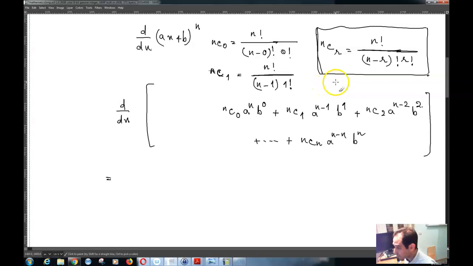But now the problem is that, for example, suppose that I want to calculate d by dx of this thing over here. So n factorial, if I want to calculate the derivative of n factorial, it would be d by dx of 1 times 2 times 3 all the way up to n.